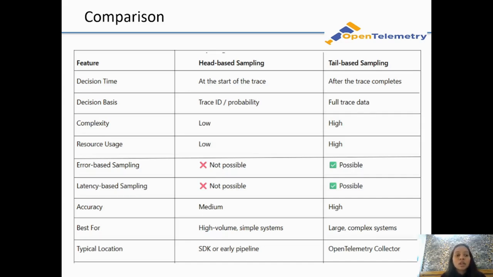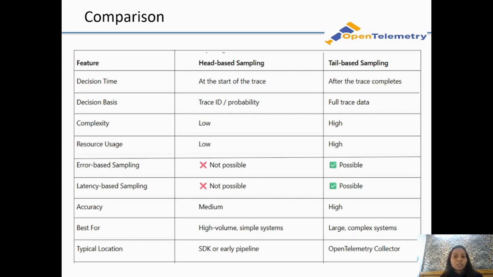Now, let's take the comparison between the two, as we have taken a deep dive into both head-based and tail-based. Let's check at a high level what the comparison is. Head-based sampling is simple and fast, and tail-based sampling is smart and outcome aware.